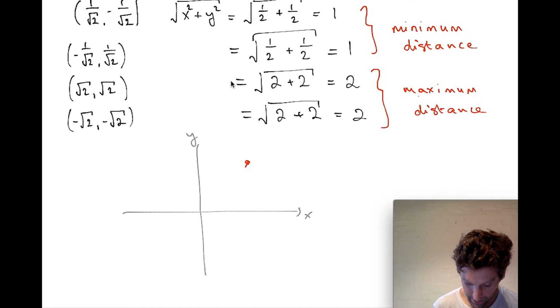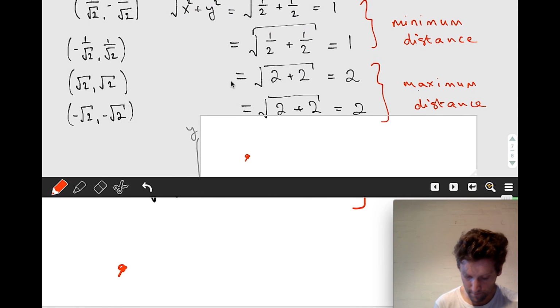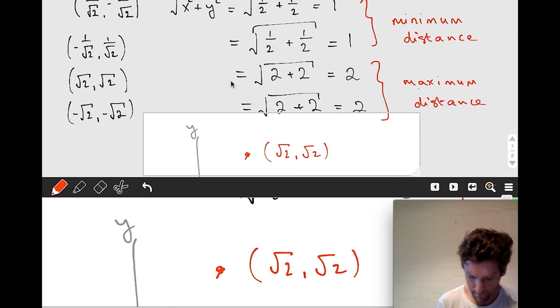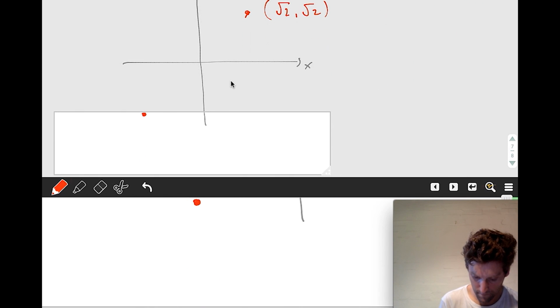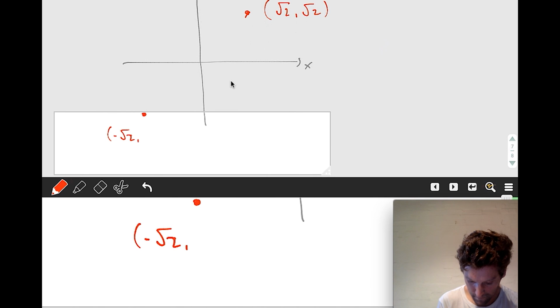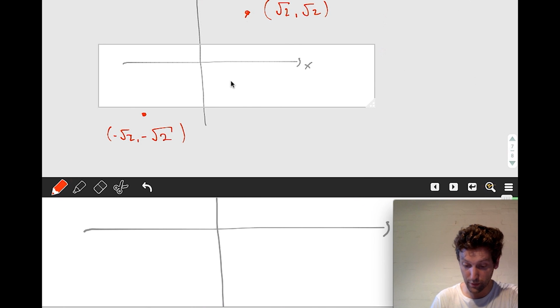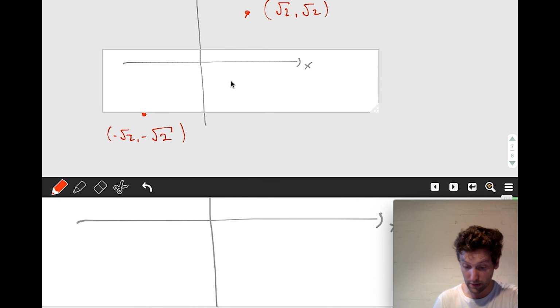I've got minus the square root of 2, minus the square root of 2, let's put that there. I've got the point x is equal to plus 1 over root 2, y is equal to minus 1 over root 2.